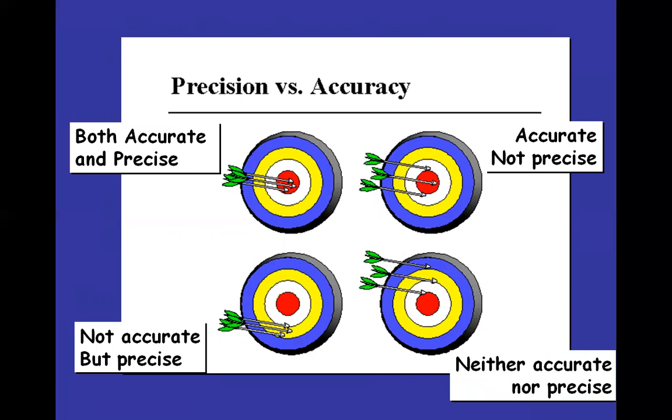This red block is showing all three darts. So all three darts are accurate as well as precise, being on the target, which is our target.